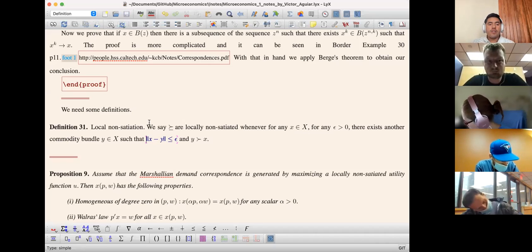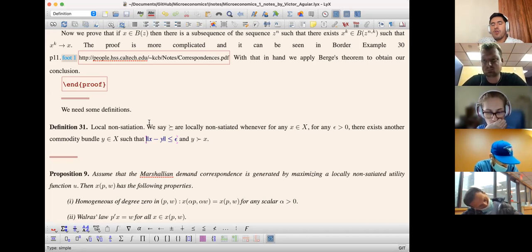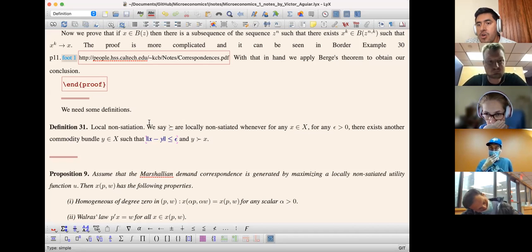Okay, so local non-satiation is going to be super important in what follows. There is a little secret of rationality. Imagine you have a data set of demands and you want to test whether it comes from utility maximization. If you don't assume local non-satiation, there is a trivial way to say everything is rational.